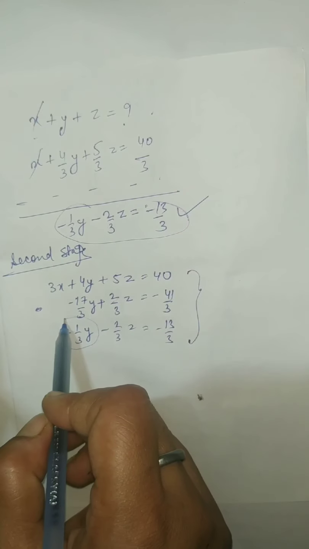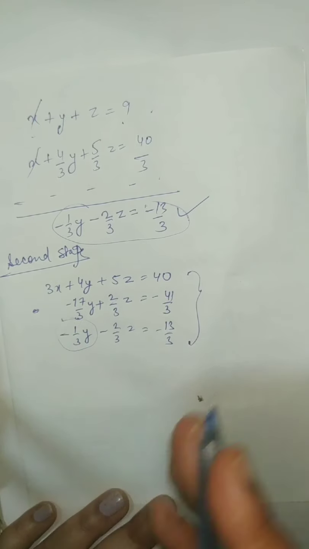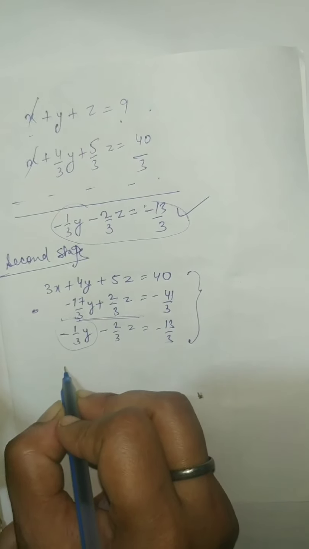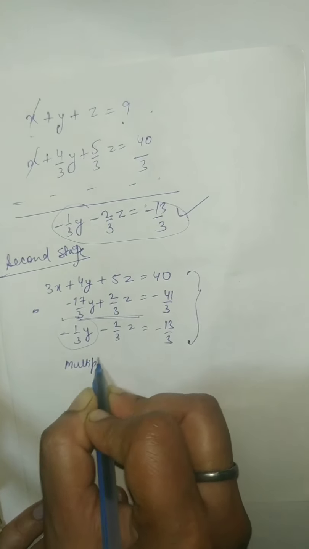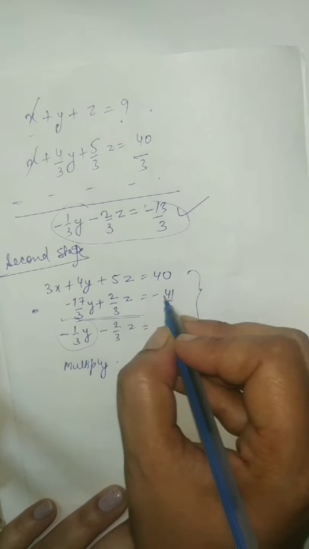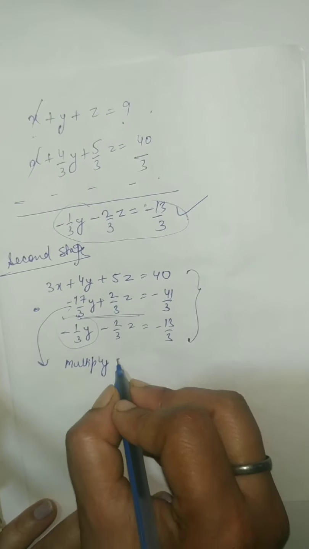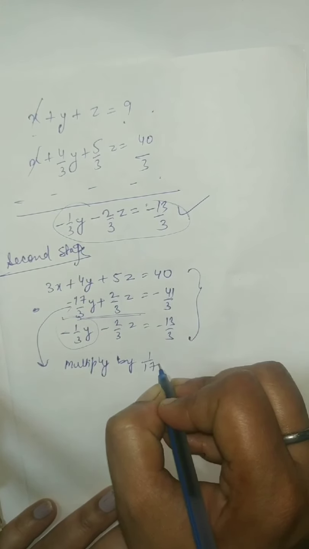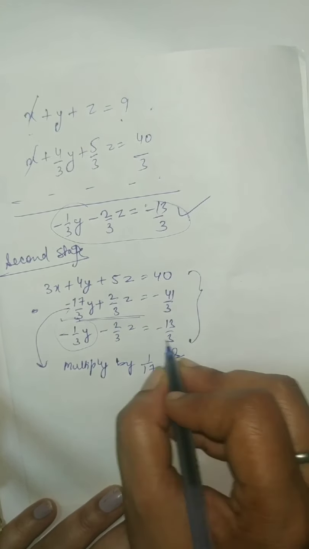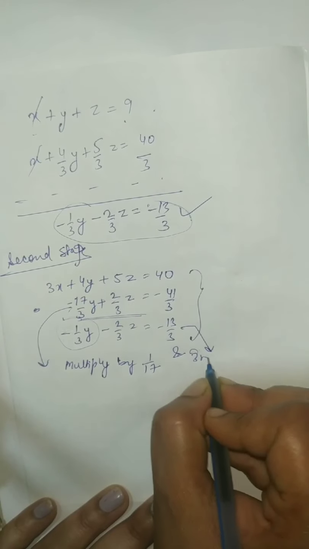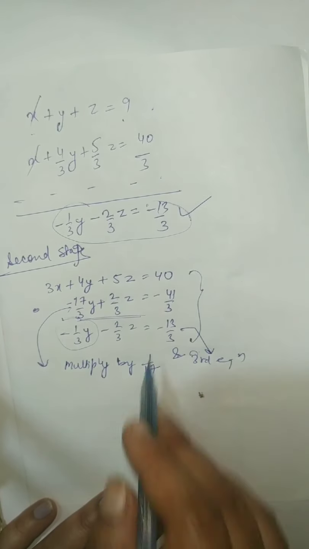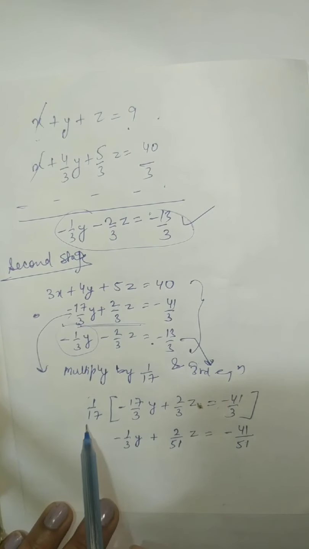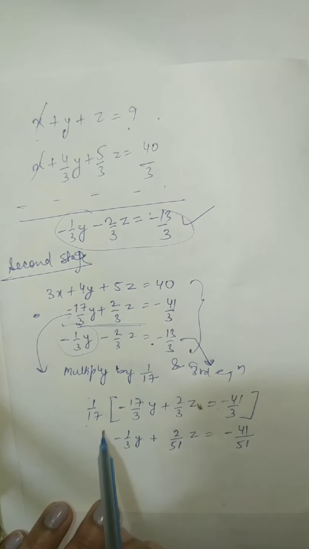To do this, we again multiply the second equation by 1 by 17 and subtract it from the third equation.